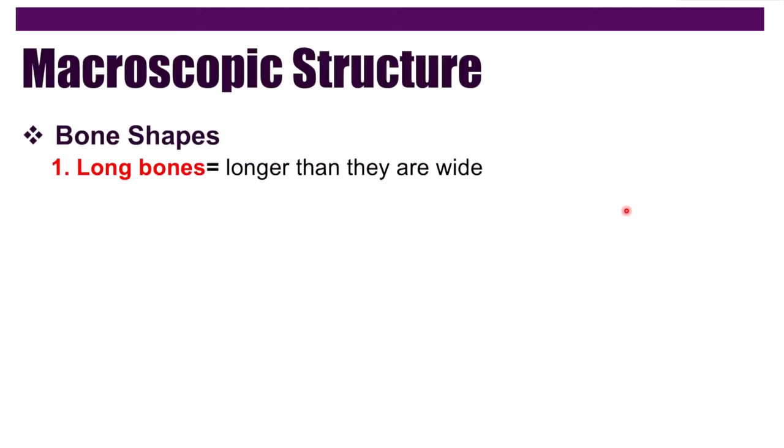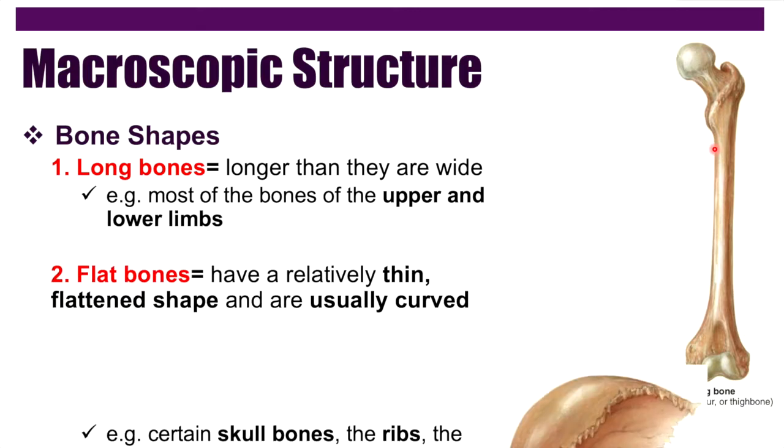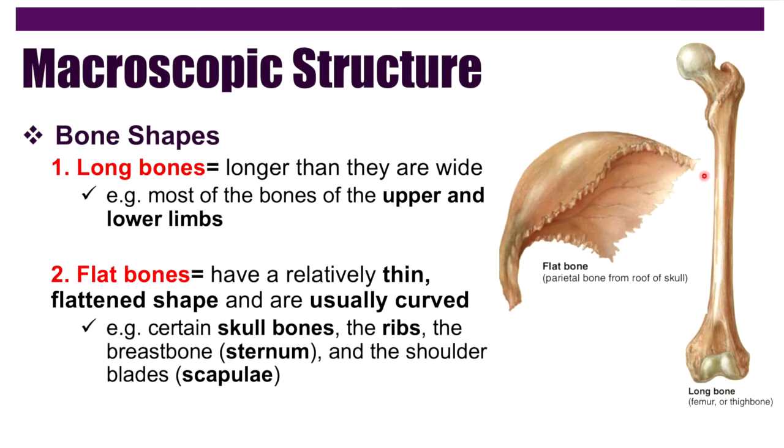Bones are also classified according to their shape. These long bones, which are usually located in the upper and lower limbs, are longer than they are wide. Flat bones have a relatively thin, flattened shape and are usually curved. Examples include certain skull bones, the ribs, the breastbone or sternum, and the shoulder blades or scapulae.